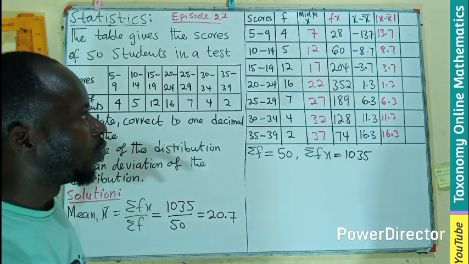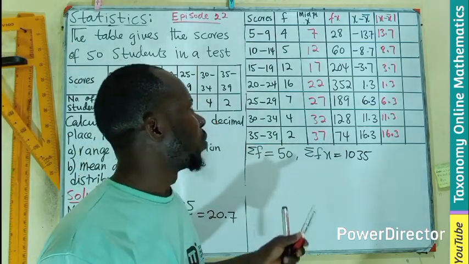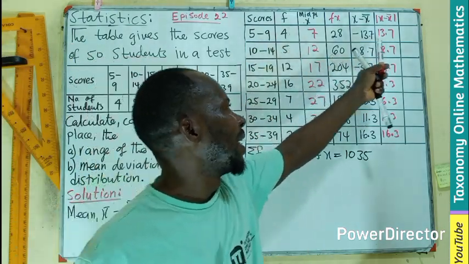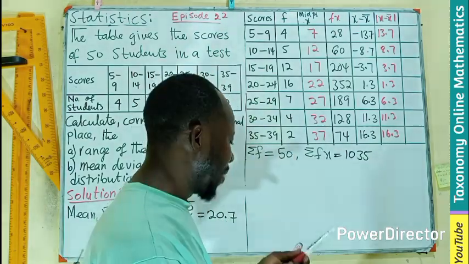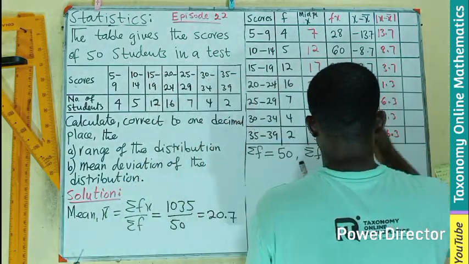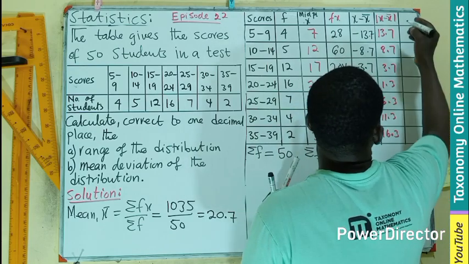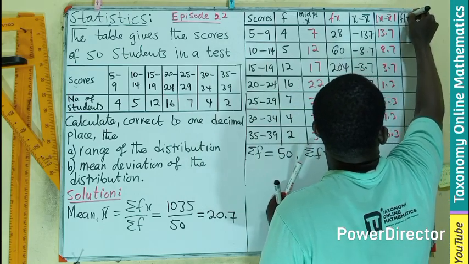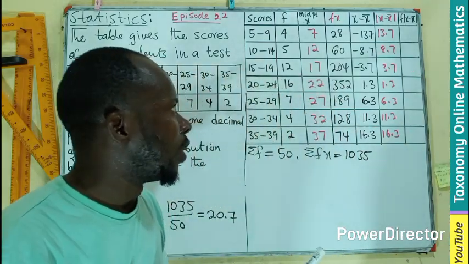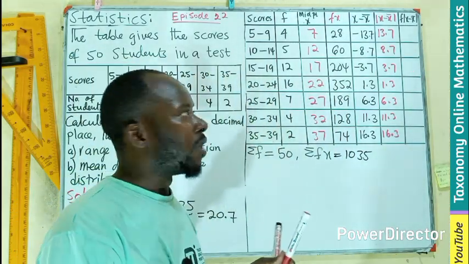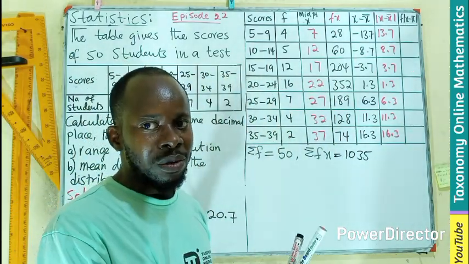The last one is to find the multiplication of the frequency by the absolute value. That will be, let me use black, f times absolute x minus x bar. I'm sure when you are doing it, you have enough space to write it legibly so that it will be seen.